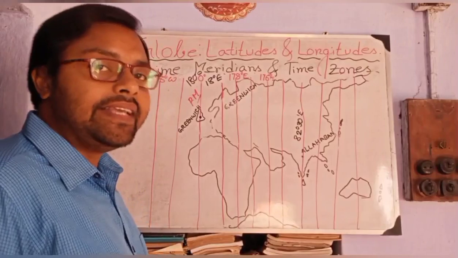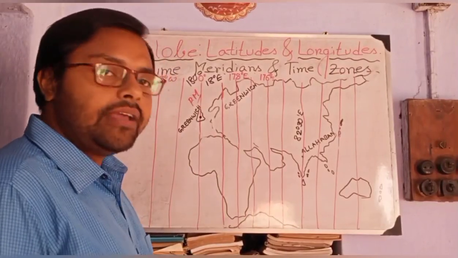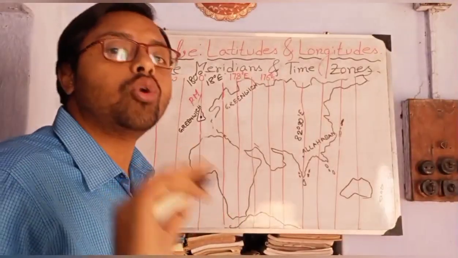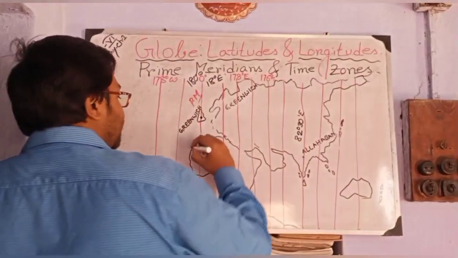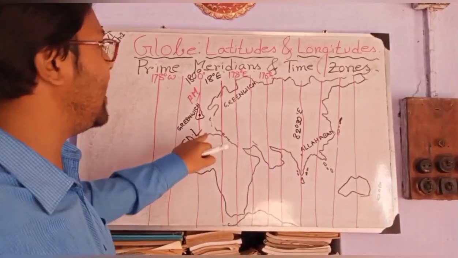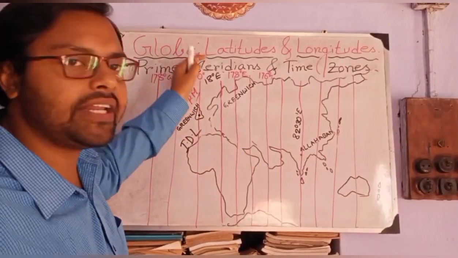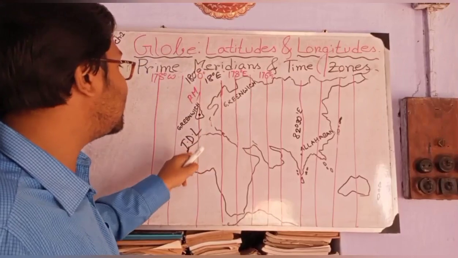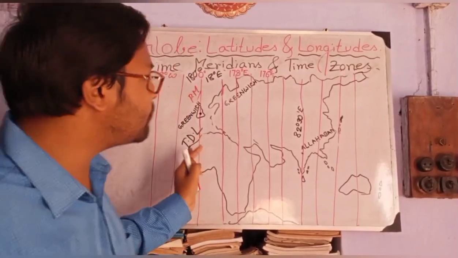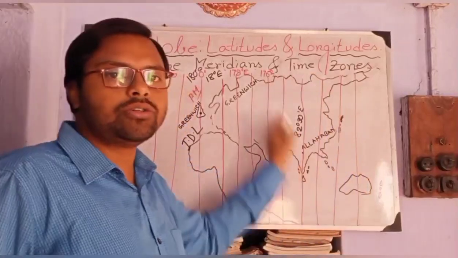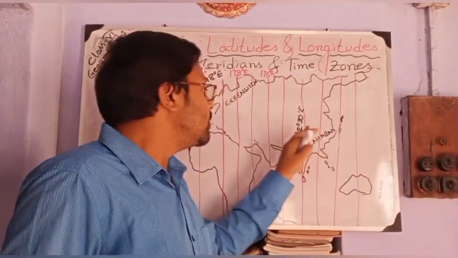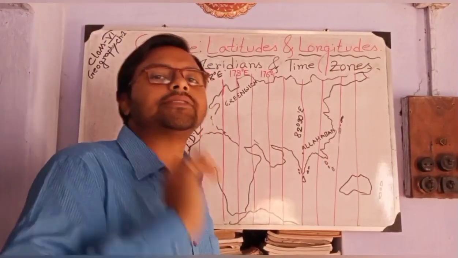That's why this 180 degree longitude or 0 degree longitude is also known as the International Date Line, IDL, because based on this line we have drawn the longitudes, and depending on the longitudes we determine the time or date of a place.